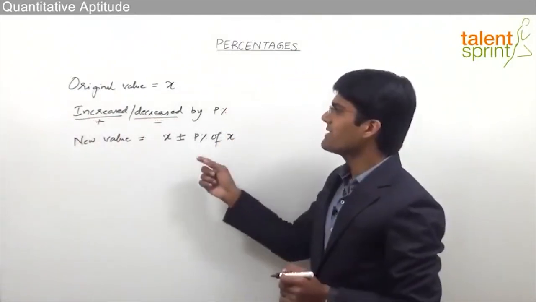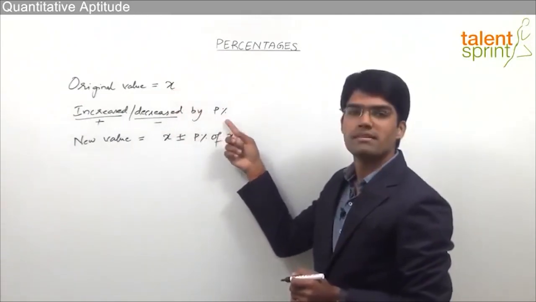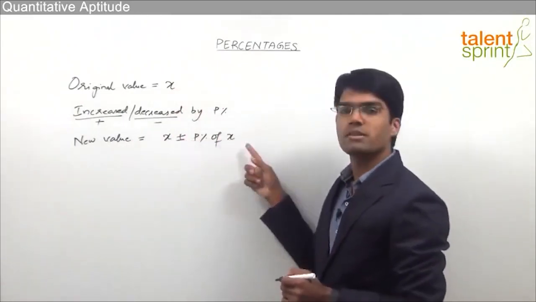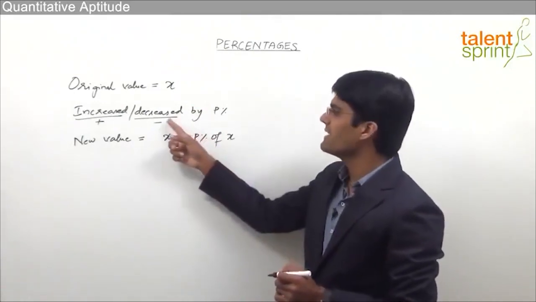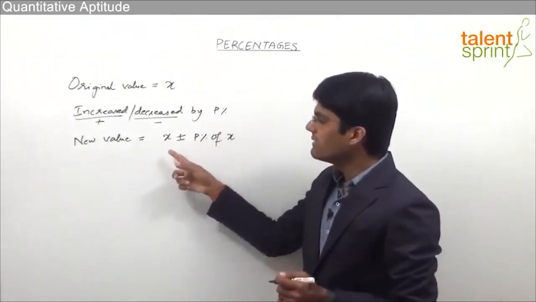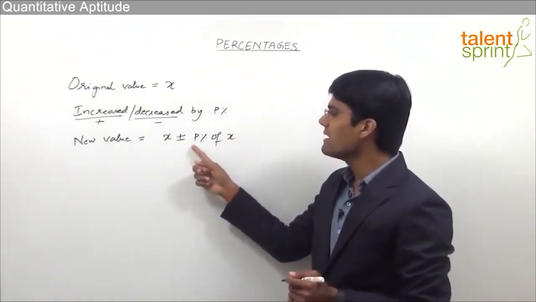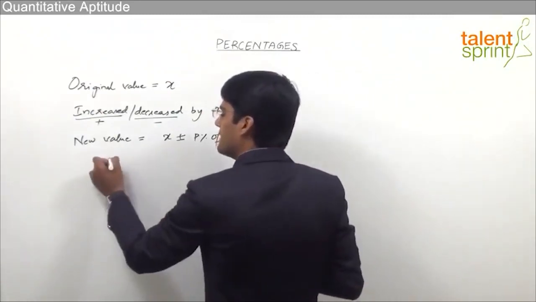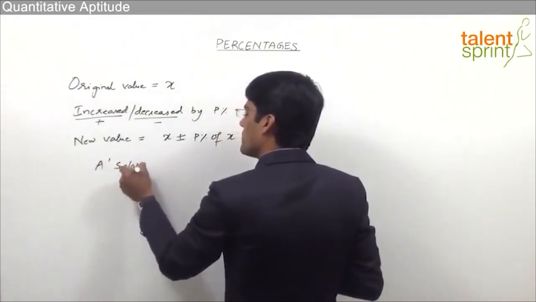So for example, let's say some value x has increased by p%. Then the new value can be taken as x plus p% of x. Similarly, if it has decreased by p%, then the new value can be taken as x minus p% of x. For example, let's say that A's salary is equal to 40,000.